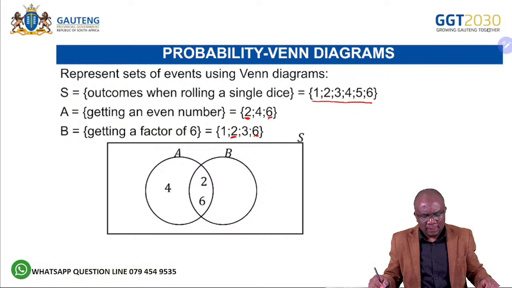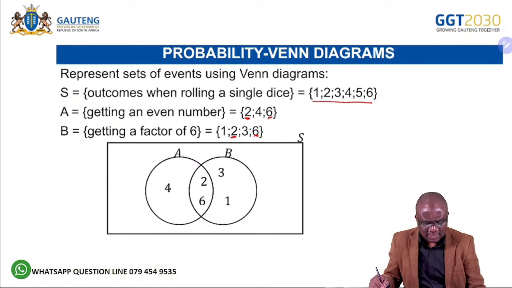And then B, getting a factor of 6. Do we have a number which is a factor of 6 but not even? Yes, we have. So we have there 1, it's a factor of 6 but not even, and then 3. Do you see that? That is our Venn diagram.